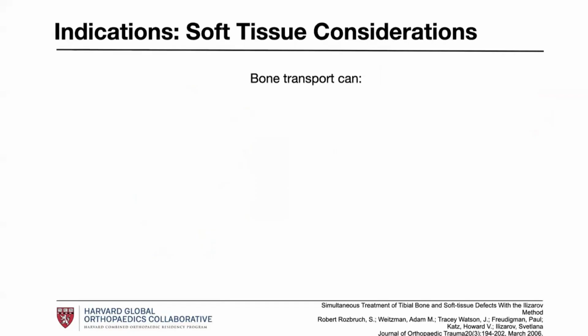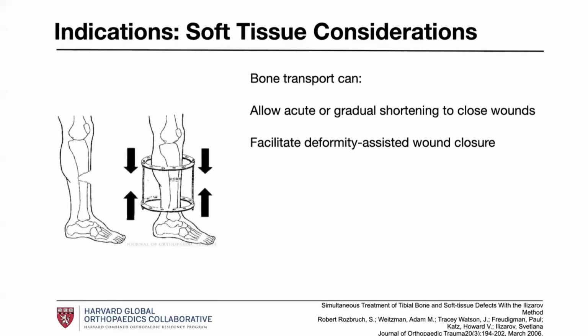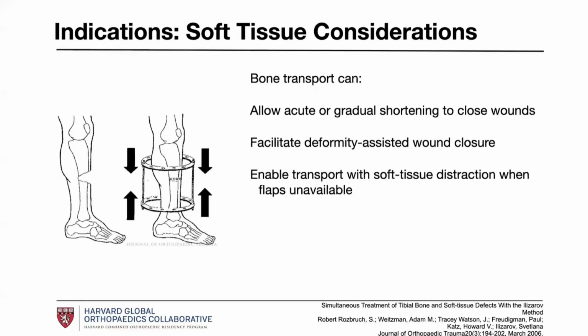Moving on to soft tissues. Bone transport has a lot of benefits for the soft tissue envelope. Distraction osteogenesis does grow new bone. However, it also gives us the ability to shorten areas of the bone and potentially close wounds without the need for rotational or free flaps, which is very powerful.